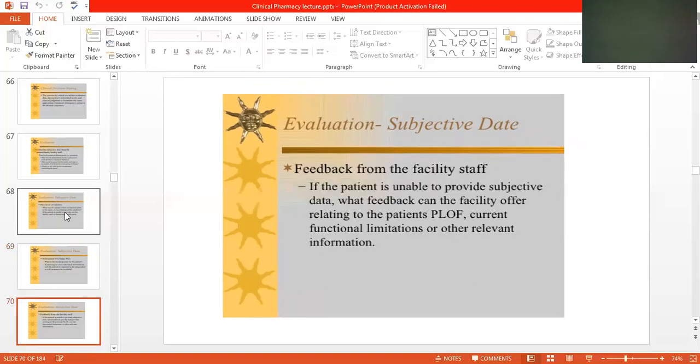It depends. Feedback from the facility staff: if the patient is unable to provide subjective data, what feedback can the facility offer relating to the patient's current functional limitation or other related information?